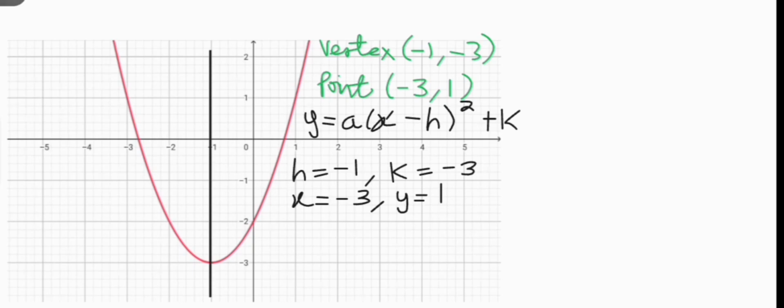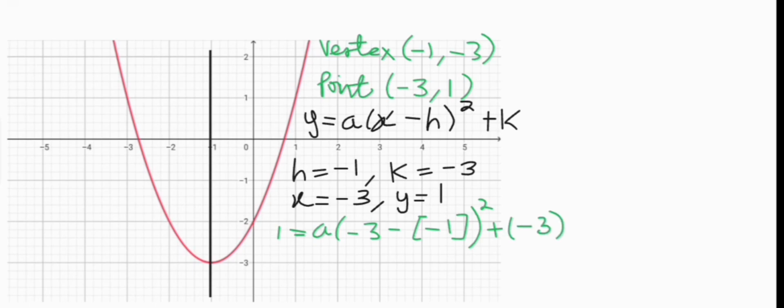All these values will be plugged into the vertex form of a quadratic function, which means that we're going to have 1 is equal to a times -3 for x minus h, which is -1, all squared, plus k, which happens to be -3.